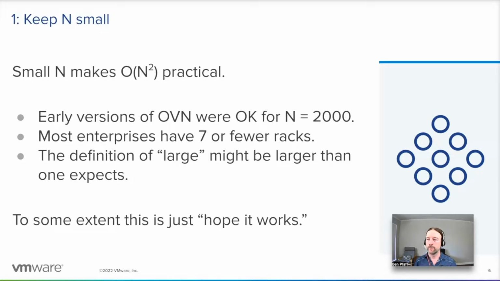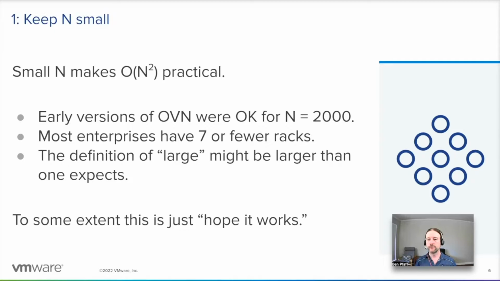Great. And the perhaps surprising thing is that this is actually good enough for a lot of users. In surveys I've seen, most enterprises, and most enterprises aren't the gigantic enterprises, obviously, have 7 or fewer racks of equipment, which means that 2,000 VMs might be perfectly fine.